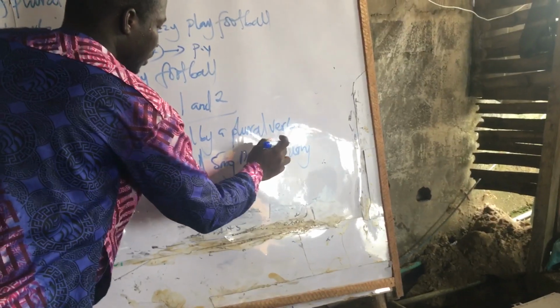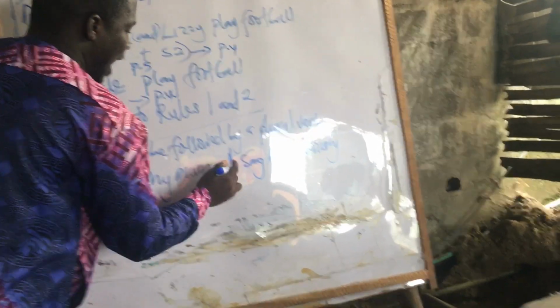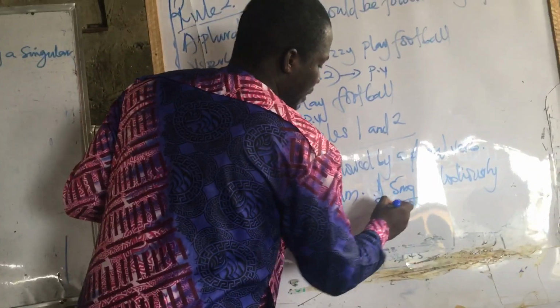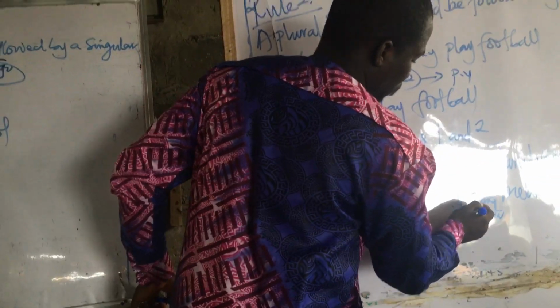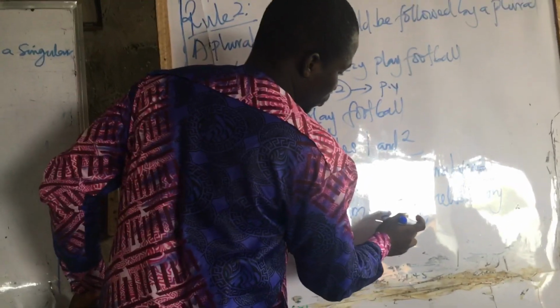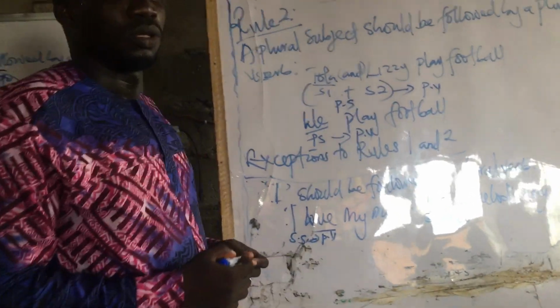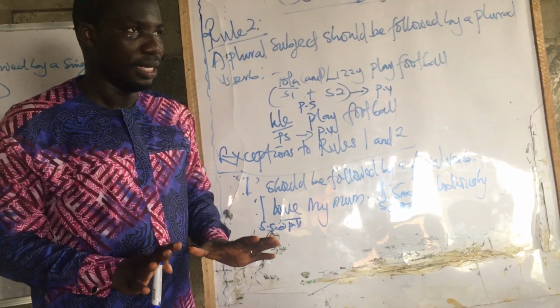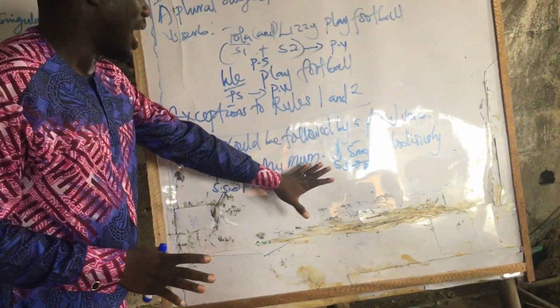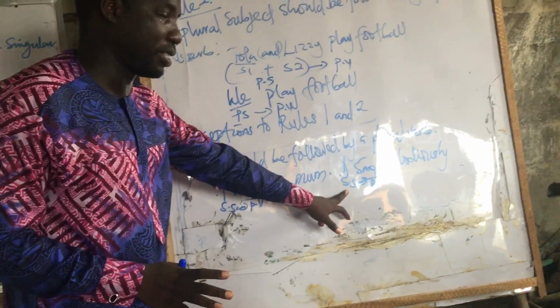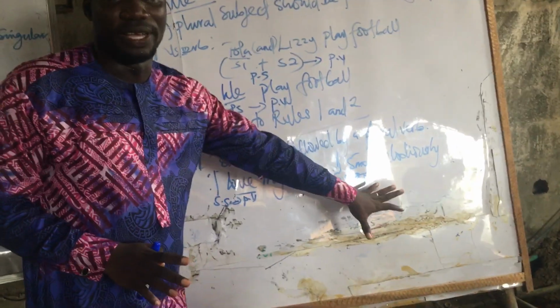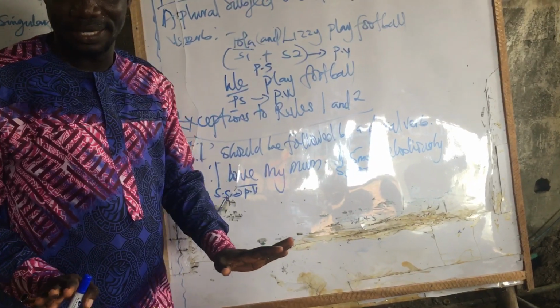So in this case, I is a singular subject, sing is a plural verb. I sing melodiously. In this case, you have I as a singular subject and sing as what? A plural verb. Hope that's clear.